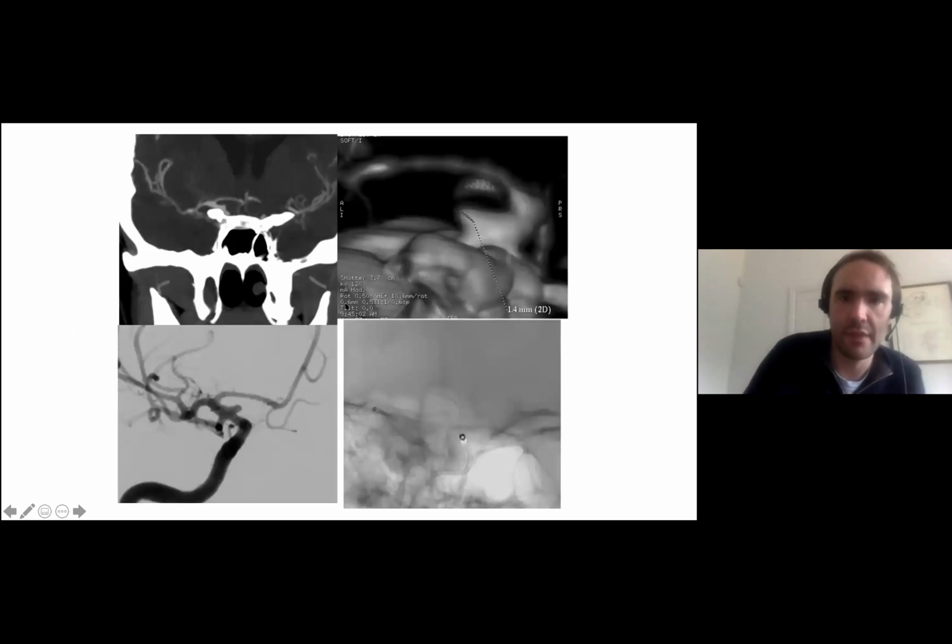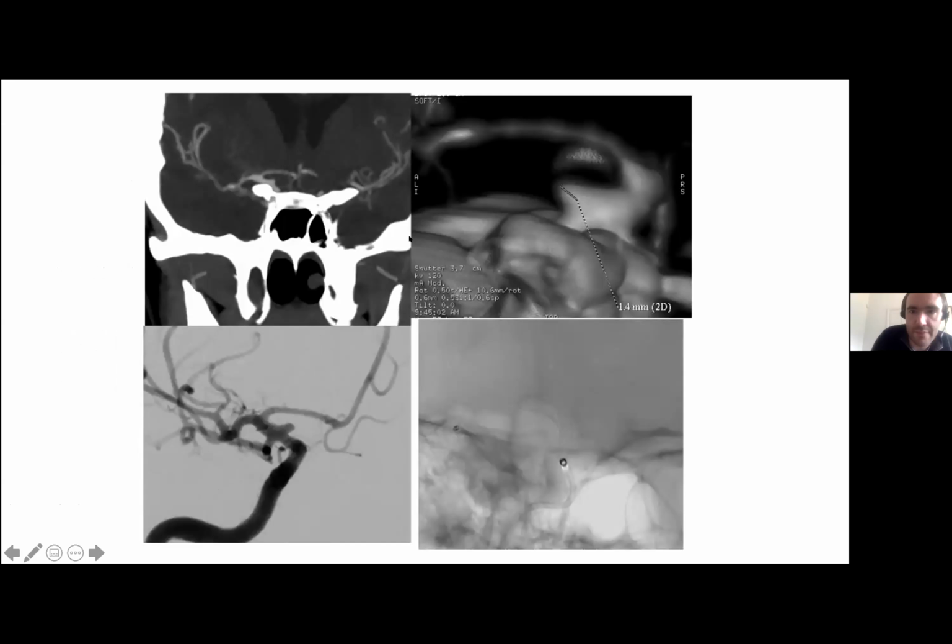This is an example of a young woman, again recently presented in Salford. This was a CTA. The interesting thing for this lady is that when she presented, she had a CTA which was reported as normal in Salford. She also had a digital subtraction angiogram which was reported as normal.